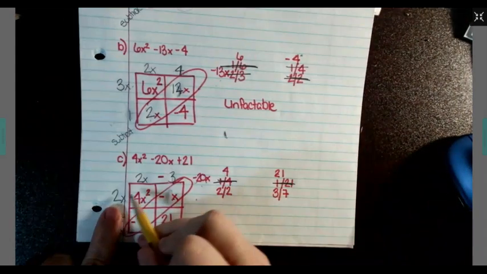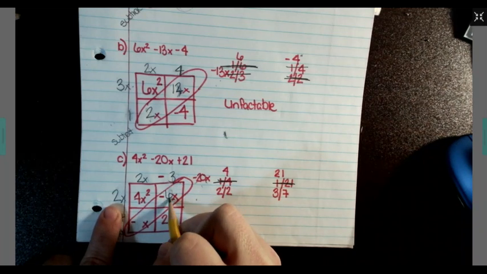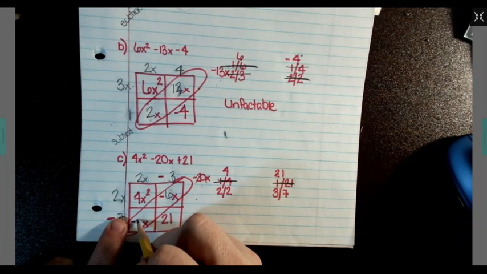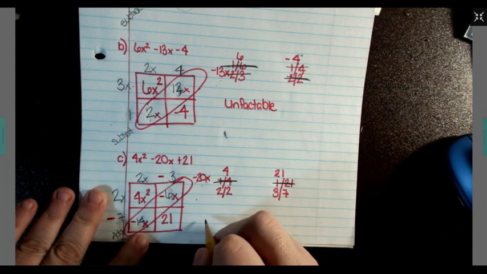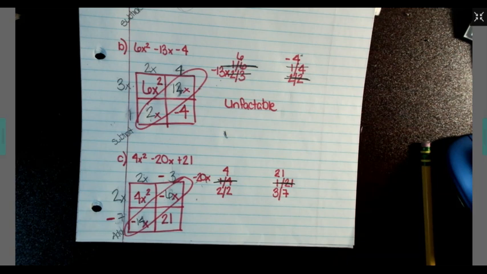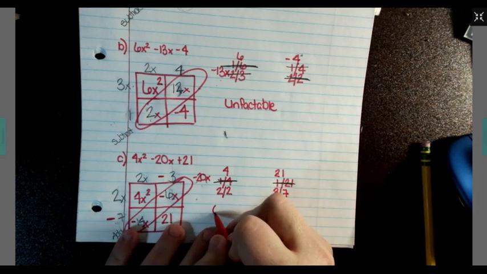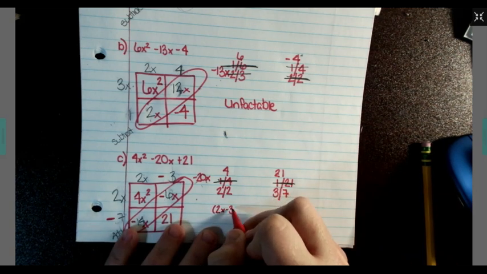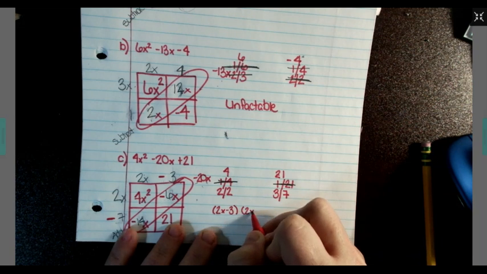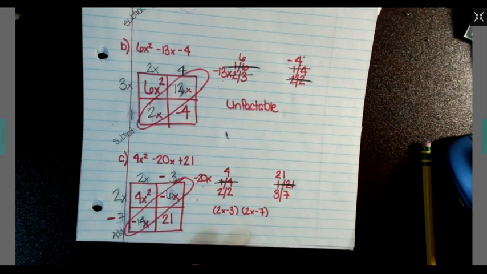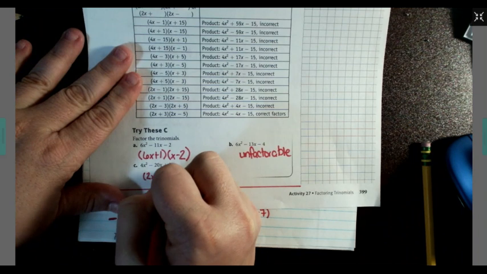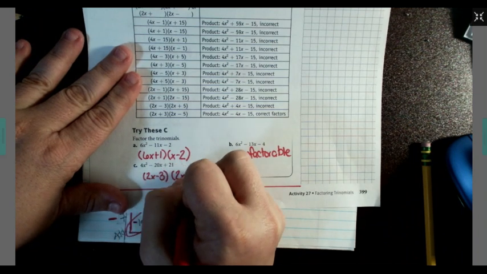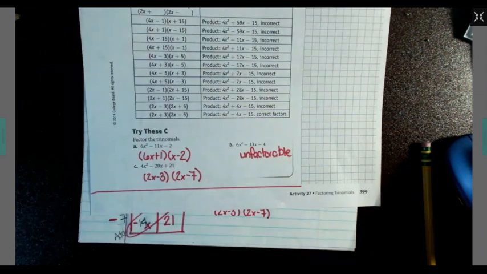All right, 2x times 3 is 6. 7 times 2x is 14. When added together, these do indeed give me 20. So the correct combination here is 2x minus 3, 2x minus 7. So again, that was 2x minus 3, 2x minus 7.